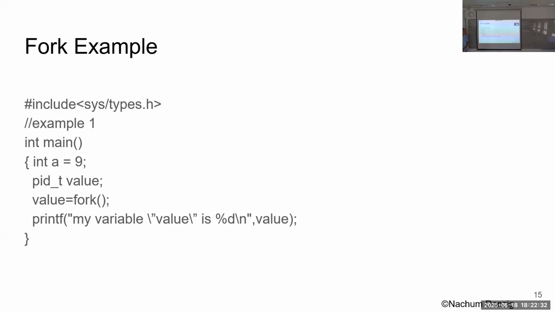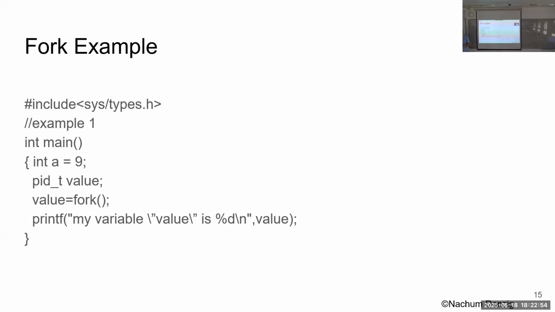So it's like this. Of the two processes that are created here, the child process will print 0. Because this value will be 0 for him. It's like I said, the child that's born gets nothing. But the parent who created the child, he'll get as his value here a non-0 number.